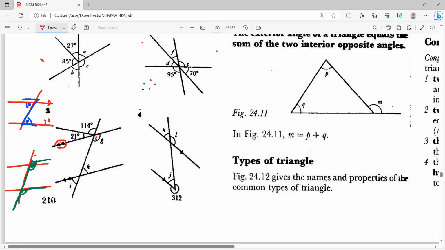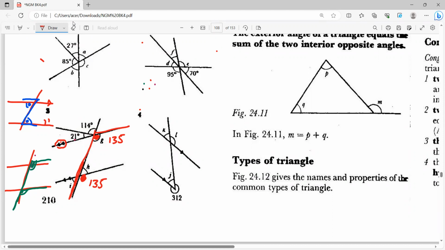G is forming corresponding angles with this guy because they are forming some kind of an F. The angle just below H. So if G is 135, then H is what? The guy below F, H is 135 because these are corresponding angles.